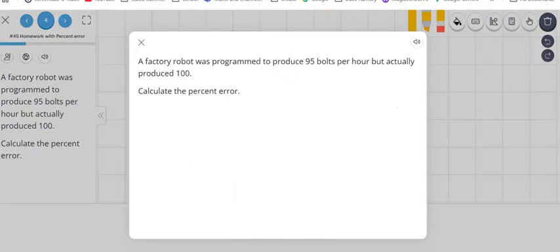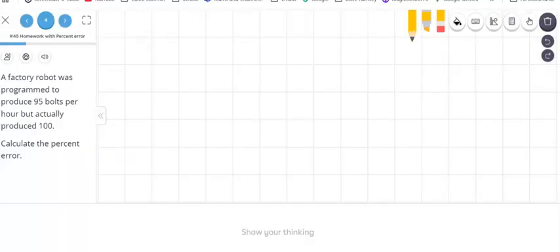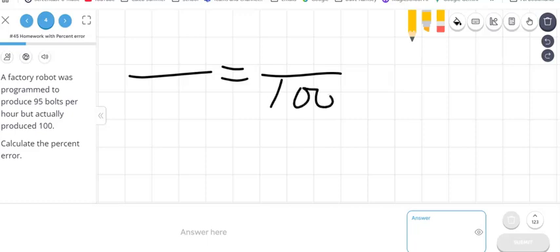A factory robot was programmed to produce 95 bolts per hour, but actually produced 100. Calculate the percent error. Okay, so 100 minus 95 is 5.